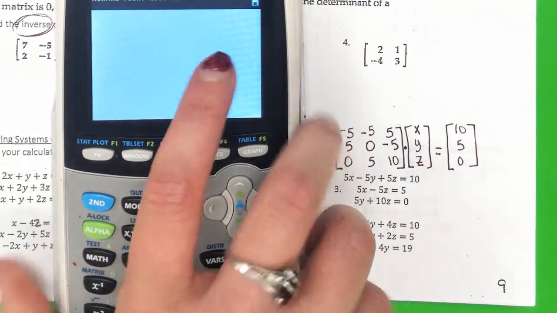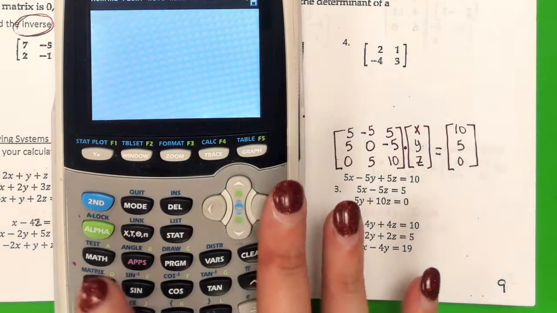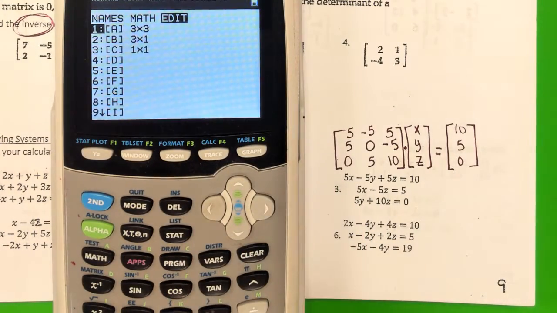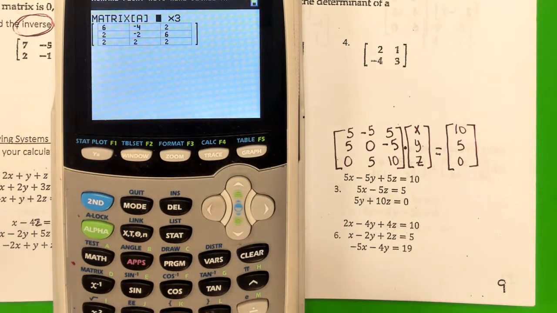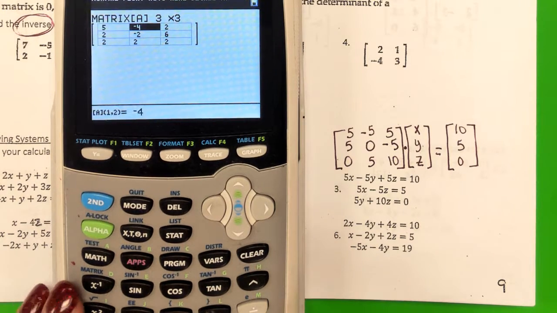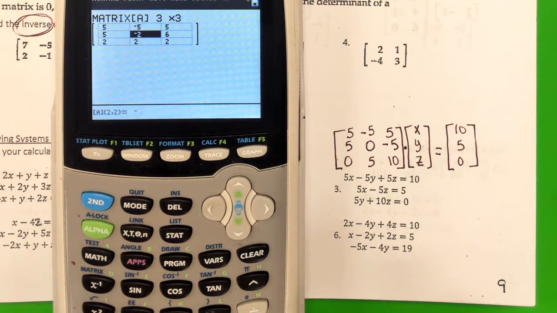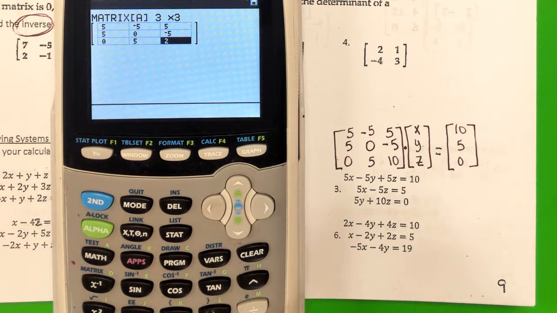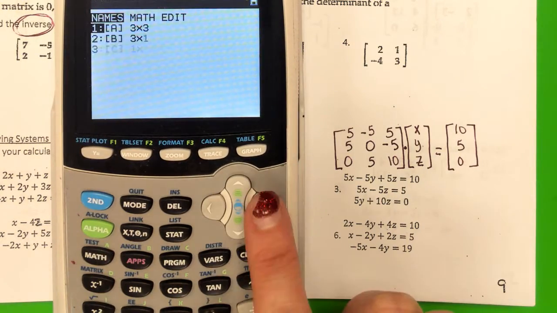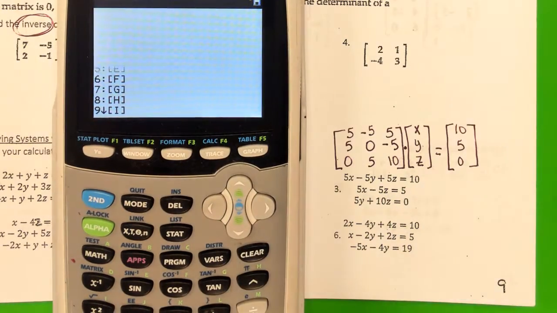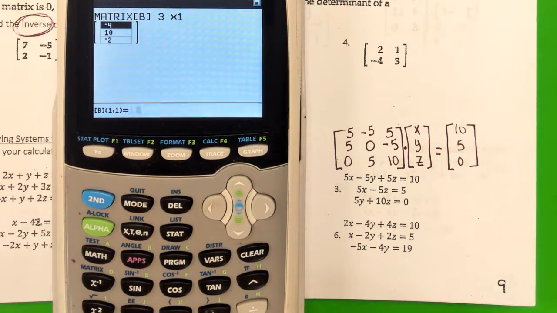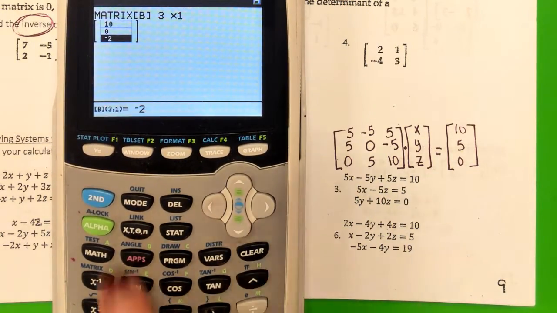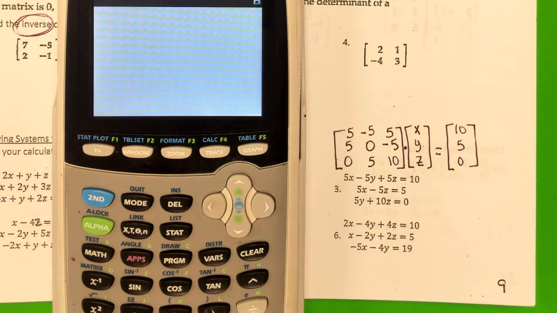So what you would do is you would type both of those matrices in, just like we always do. So that'd be 3 by 3. You're going to type your second one in. Is that okay so far?